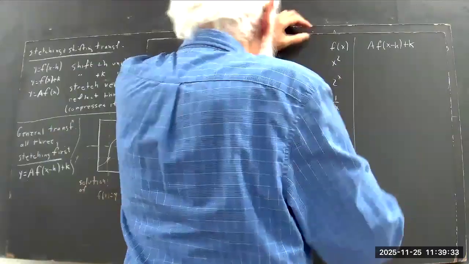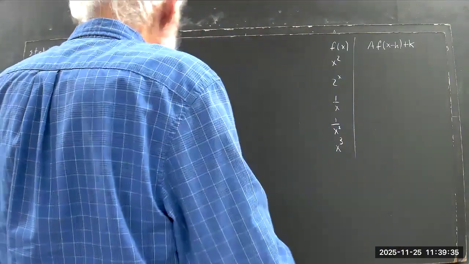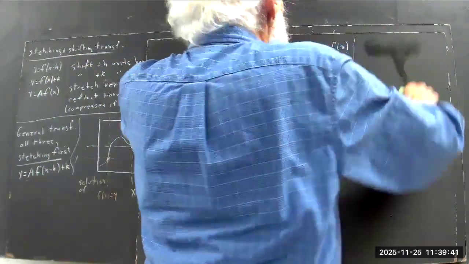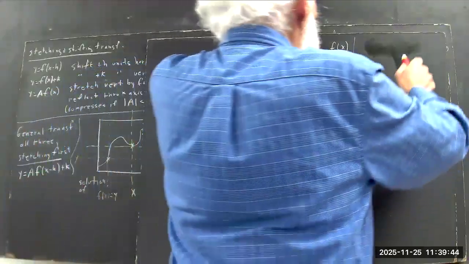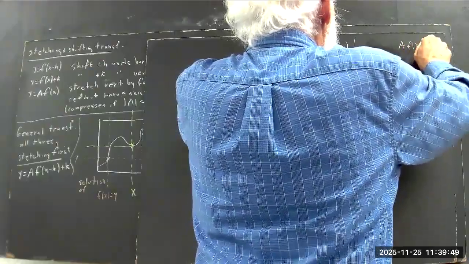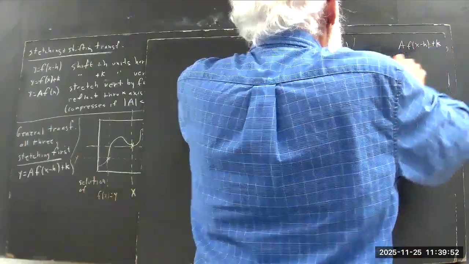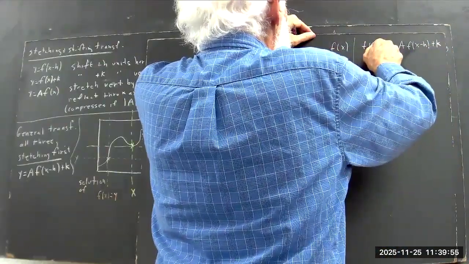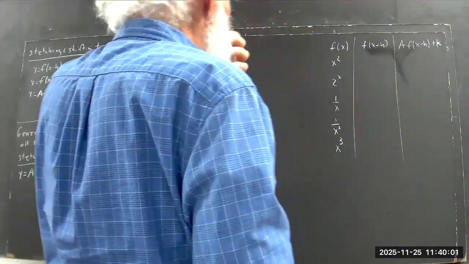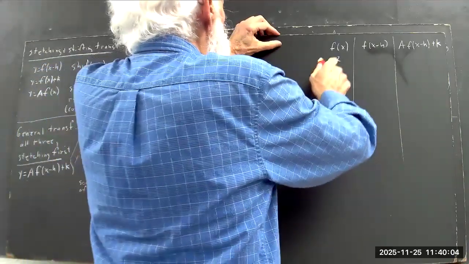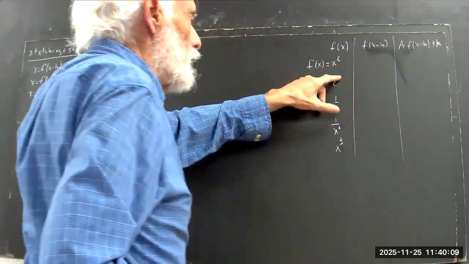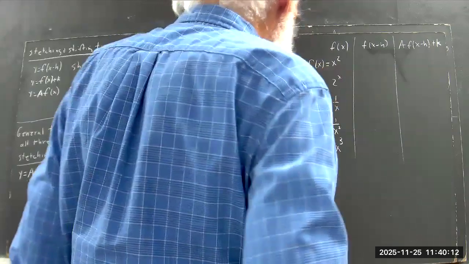Then we want to get the a f of x minus h plus k expression. I'm going to include a column for f of x minus h. So if we have the x squared graph, we have f of x equals x squared.